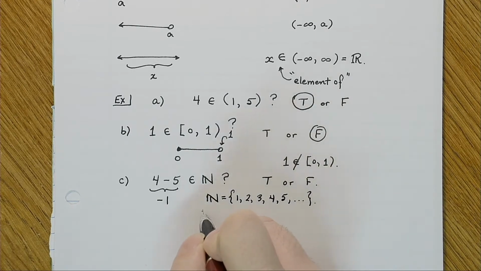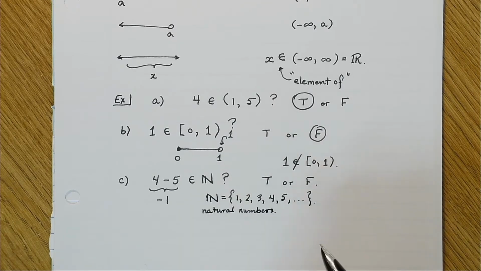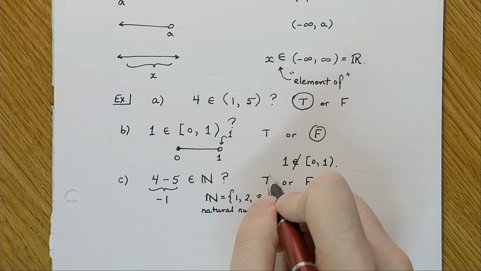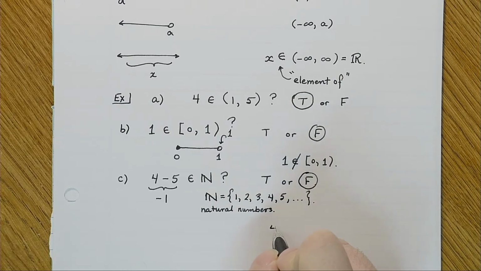Those are the natural numbers, and they don't include the negative numbers. The negative numbers are integers. So no, it's false. You could say that 4 minus 5 is not an element of the natural numbers, but 4 minus 5 is an element of the integers.